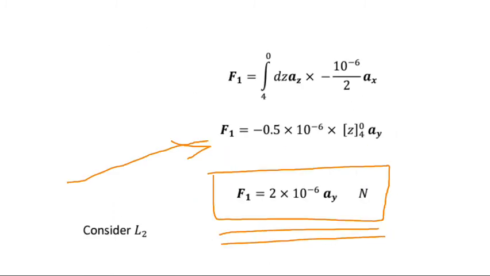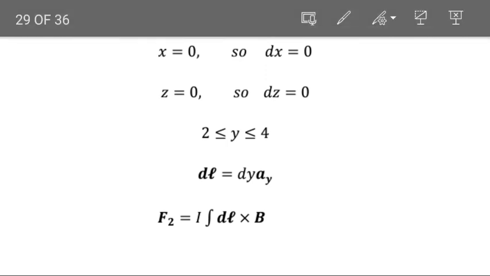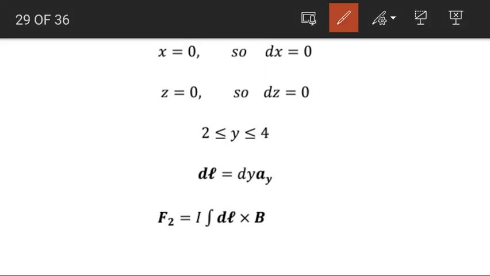So we consider side L2. X is 0 along L2, so dx will be equal to 0. Z is 0 along L2, so dz will be equal to 0. Only y is changing from 2 to 4. As only y is changing, definitely the differential length vector will be equal to dy ay.